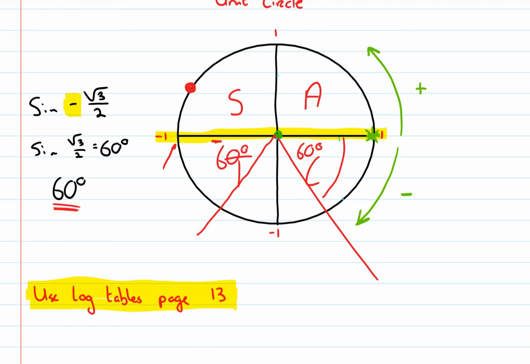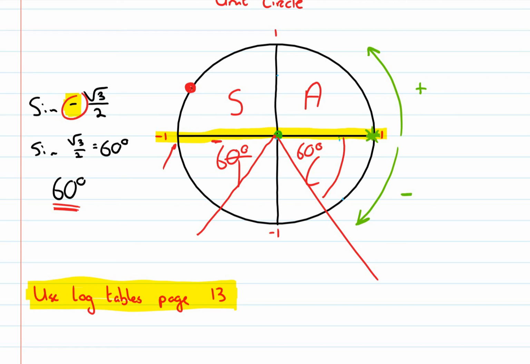And we get to here. Now, why didn't I measure into these quadrants there, A and the S? Because if I put the 60 degrees up there, well then these quadrants would give me plus answers. And look, I have to have minus answers.